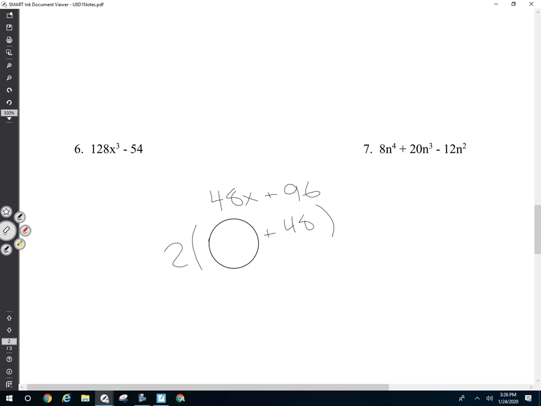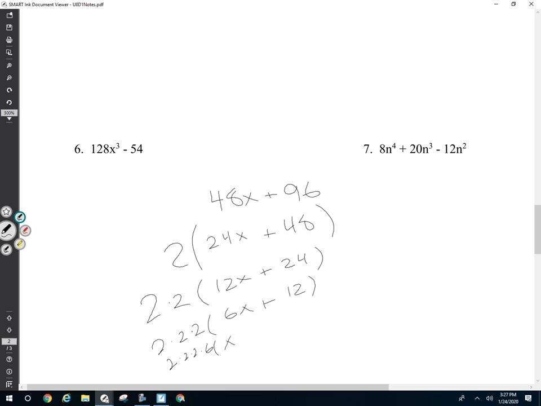Okay, I factored out a 2, but look at what I have left over. Something that I could factor 2 out again. So, pull out another 2. 2 times 2, this is 12x and 24. Can I still factor out another 2? Pull out another 2. Could it be even more than 6? I get 6x plus 12. Oh my goodness, I can factor out a 6. 2 times 2 times 2 times 6, x plus 2.